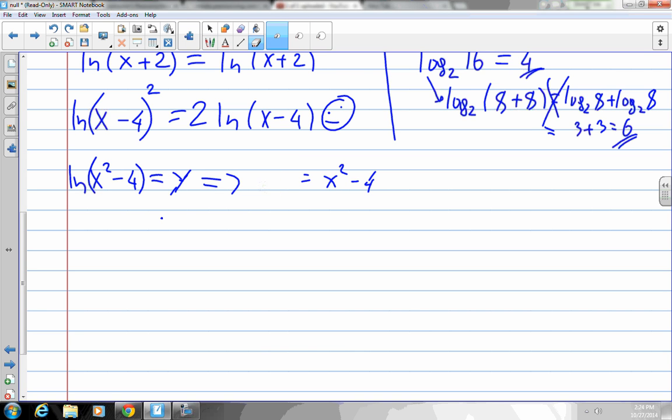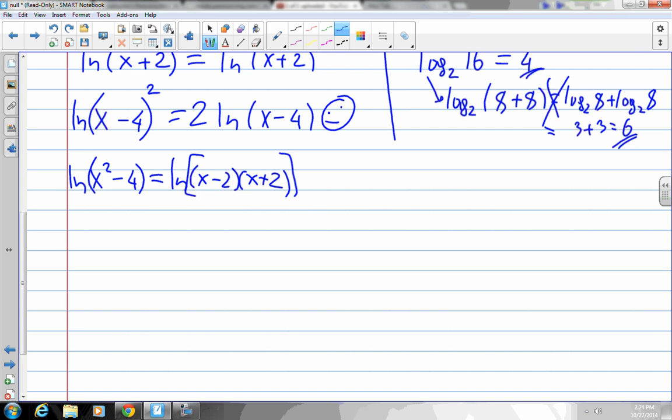Yeah, I can definitely factor that, because again, remember, I can only deal with logs if they have products or quotients, and the factoring will give me a product on the inside, right? That's really natural log of that product.